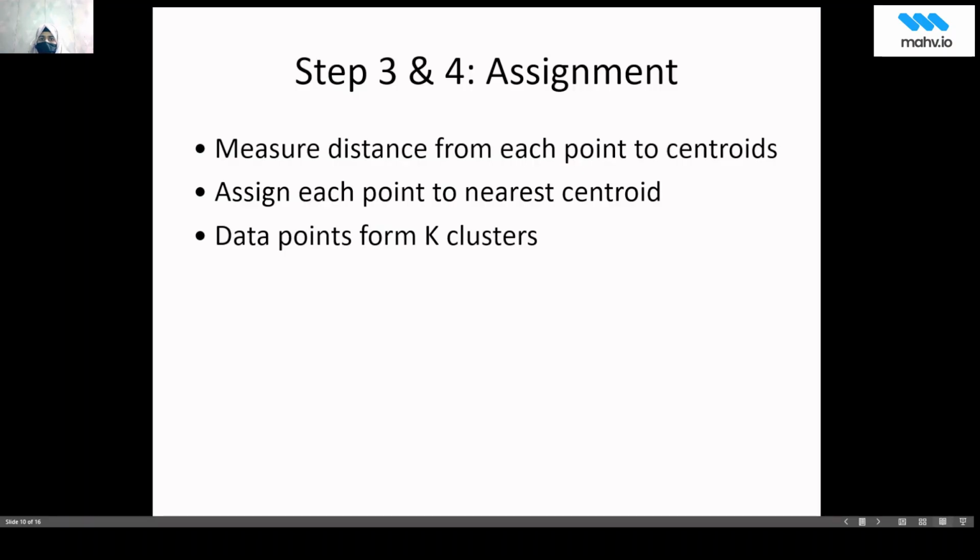For example, I have K1 and K2. When I apply the distance formula, K2 is giving me, let's suppose, 2, but K1 is giving me 1. So I choose my K1 cluster there.